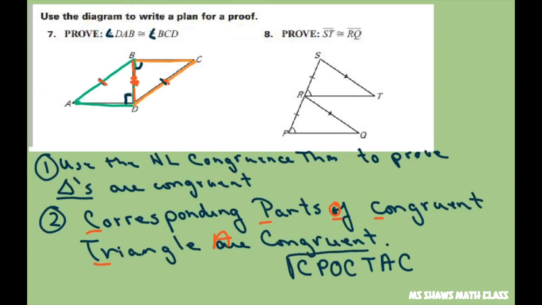So you only have to write it that way instead of writing this whole sentence. If we know the triangles are congruent, then we know that the corresponding parts are congruent. Since these triangles are congruent, that means these angles are congruent, and it also means these sides are congruent. Okay, because the triangles are congruent.